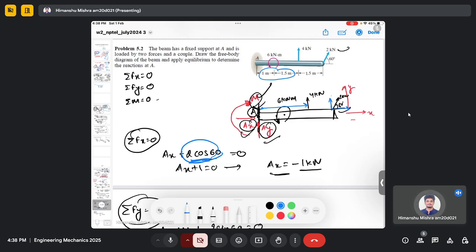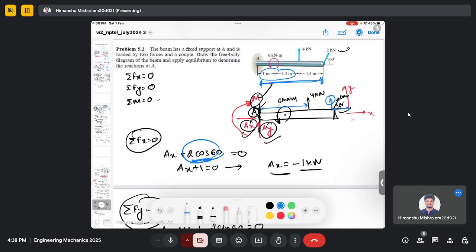But the y component force has a perpendicular distance, and it is the whole length of this beam, which is 1 plus 3 meter, 4 meter. And then we need to consider the moment at point A and the moment at some random point here, which is 6 kilonewton meter.